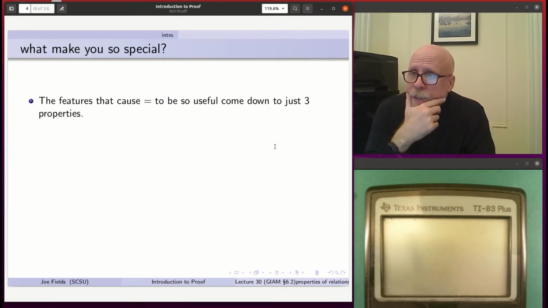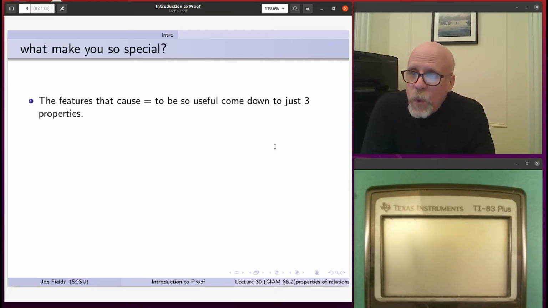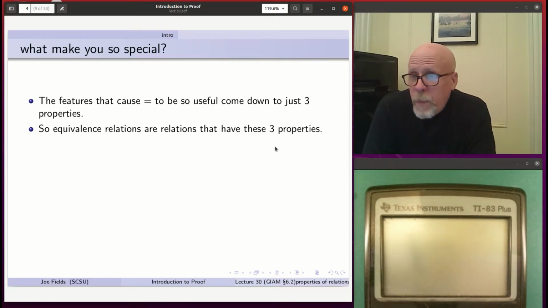So what is it about equals that makes it so special? Equals is obviously a useful tool, but it took a while for people to realize what the exact properties of the equal sign are that make it so powerful. There are 3 properties, and equivalence relations are those that have those 3 properties.